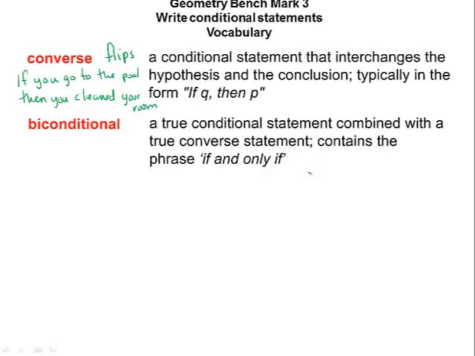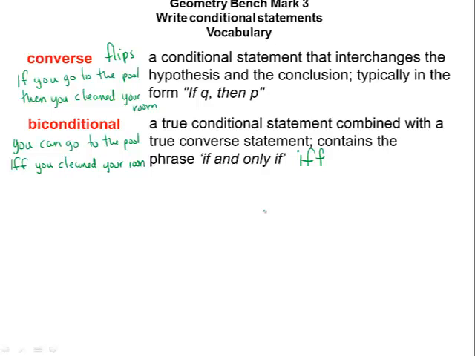If they're both true, you can put them together and make what's called a biconditional, which uses the phrase if and only if. You don't have to ever write that whole thing out in math. If you make two F's on an if, it means if and only if. And so you would write it as, you can go to the pool if and only if you cleaned your room.